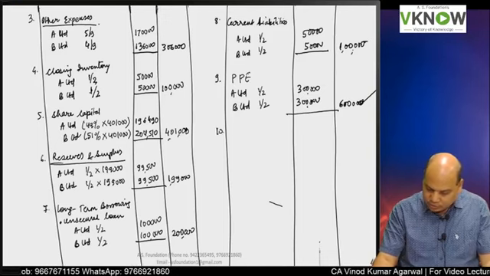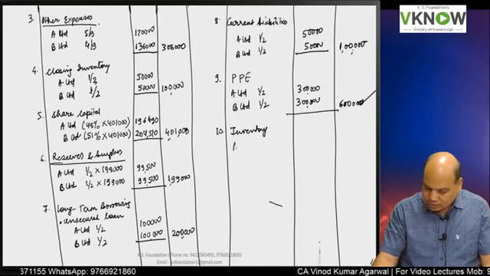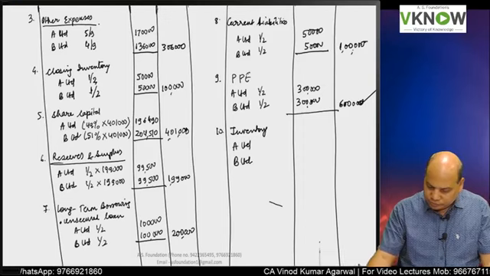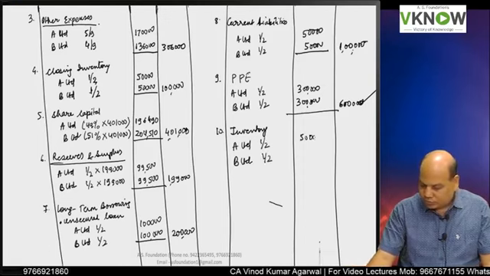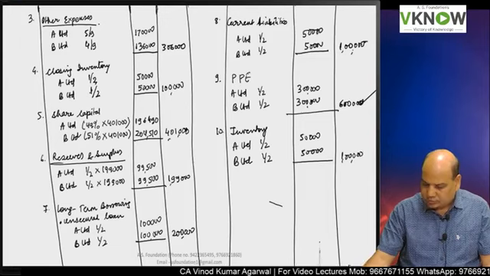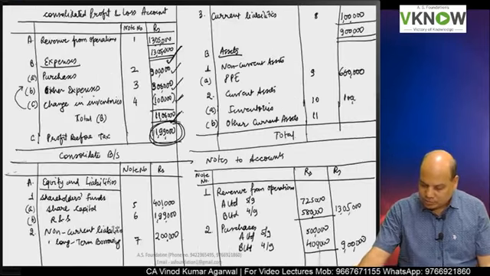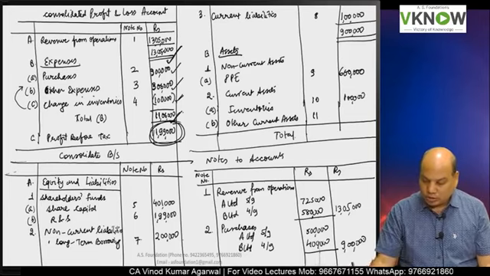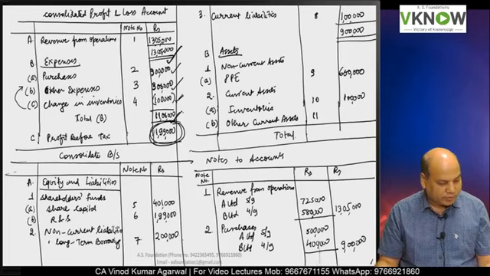Already written, but one more time. Inventory A, B, half share each, so 50,000 each, that is 1 lakh. Inventory on the main balance sheet, write down 1 lakh, and the last item is other current asset.